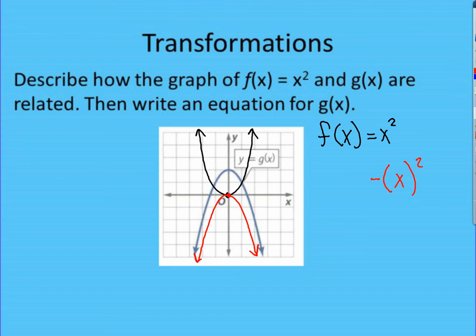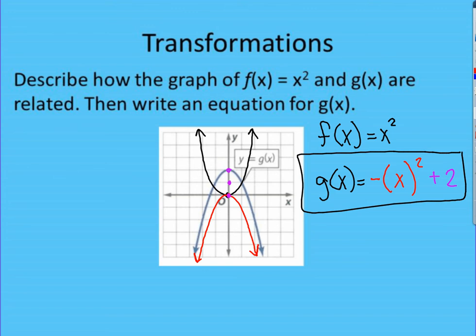Then they took the graph and they shifted it up 2 units. You're shifting it on the y, so it's outside, it's not on the x. We're shifting it up 2. So our g of x is negative x squared plus 2. If we describe this, again we said it's reflected across the x-axis. And then they shifted it up 2 units.